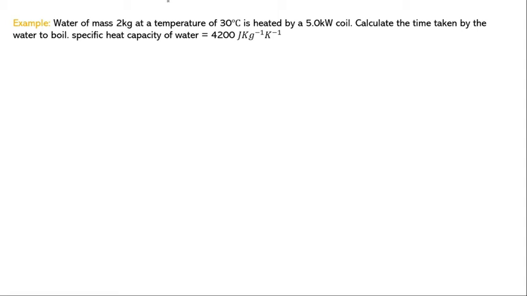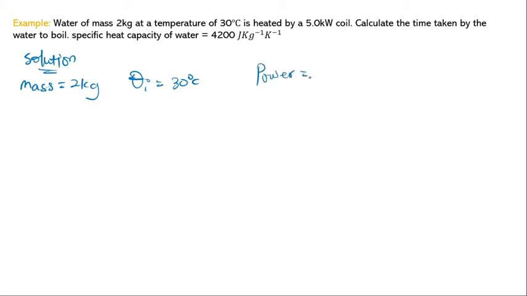So let's go ahead and look at the parameters that we have in this example. We have water of mass 2 kilograms, so the mass is 2 kilogram. The initial temperature is 30 degrees Celsius. It's being heated by 5 kilowatt, and you know the kilowatt unit means power. So the power of the heating mantle used to heat the water is 5 kilowatt.